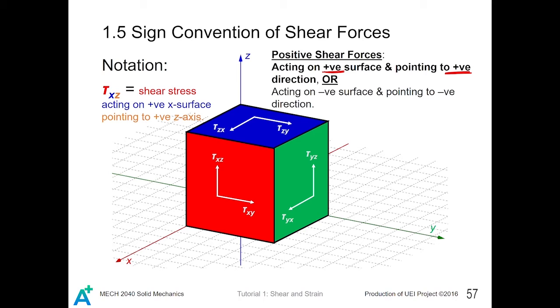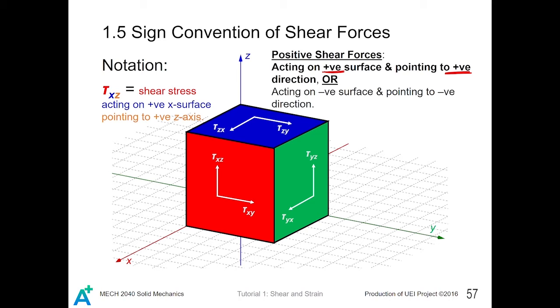For example, tau yz means it is acting on the positive y surface pointing in the positive z direction. And tau yx means it is acting on the y surface pointing in the positive x direction. Tau xz means it is acting on the positive x surface and pointing in the positive z direction.